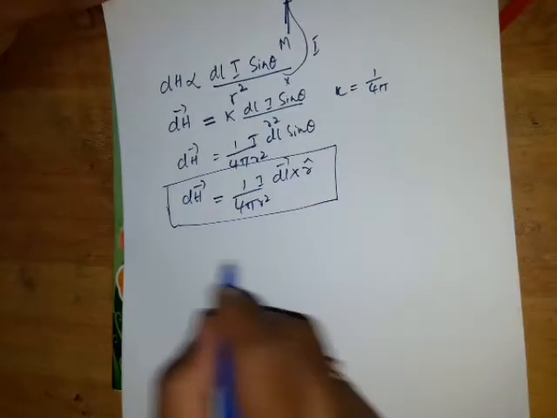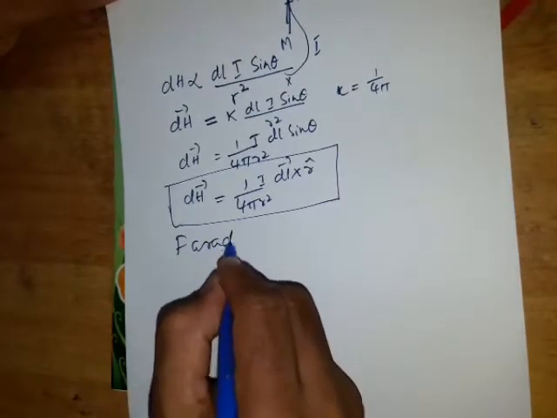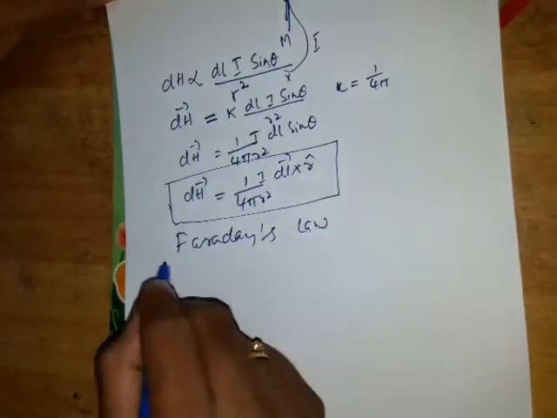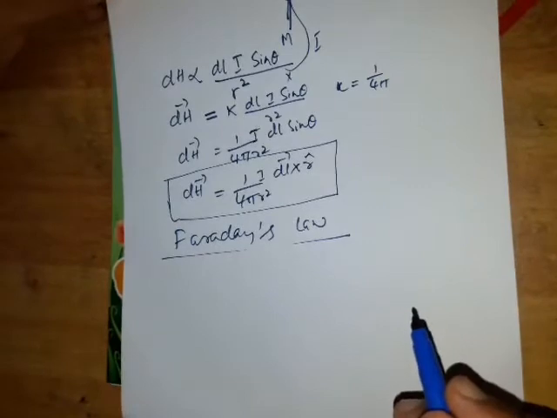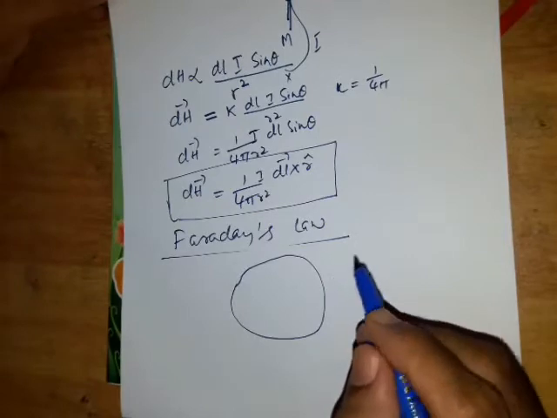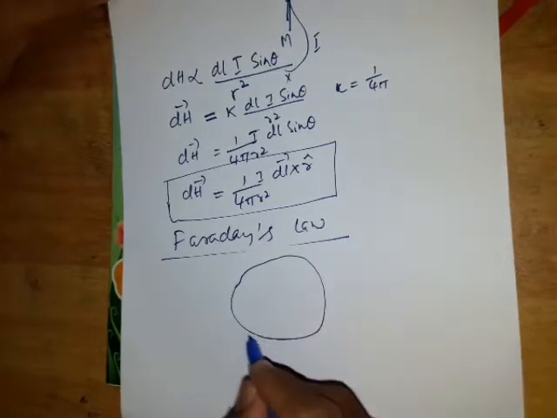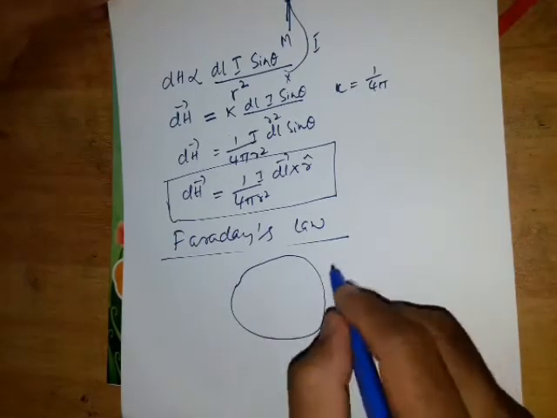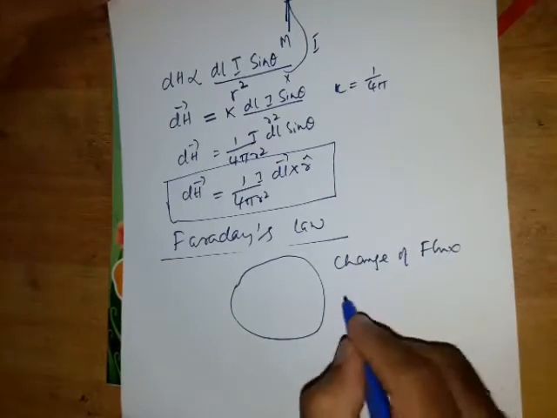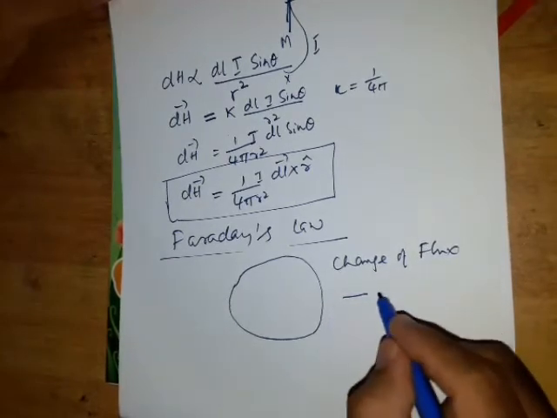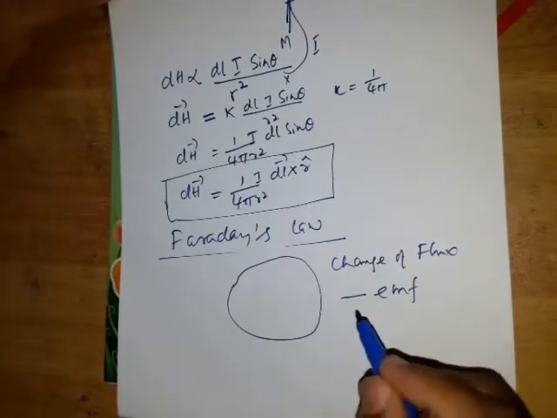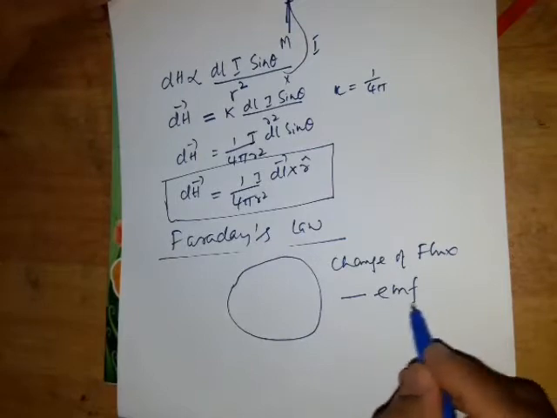Next we will discuss Faraday's law. We know that in a circuit, whenever there is a change of flux linked in the circuit, it induces an EMF in the circuit, and this EMF causes a current.